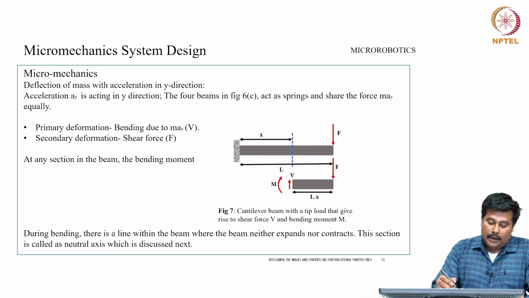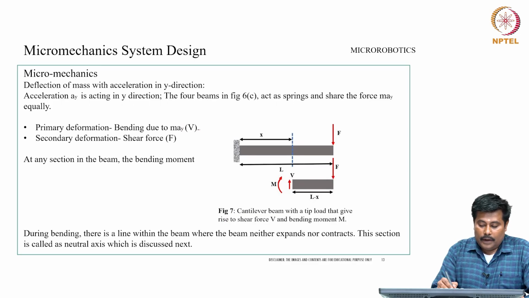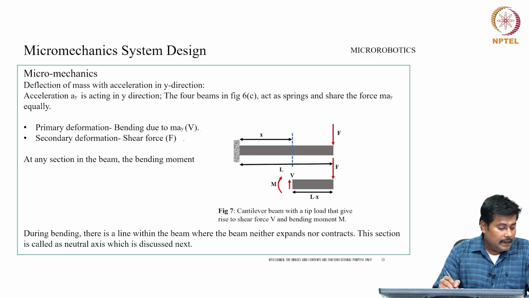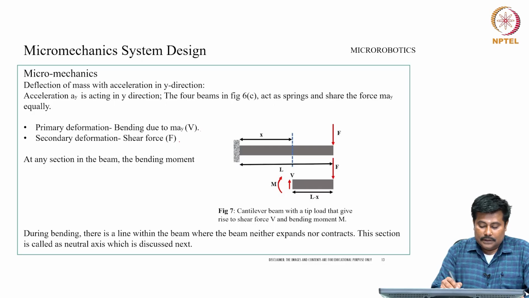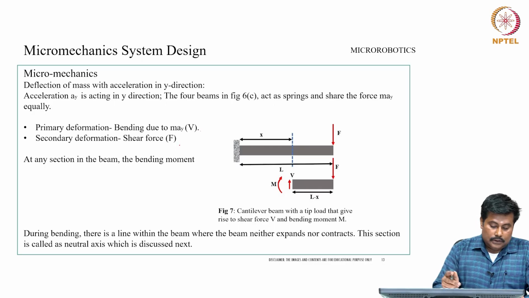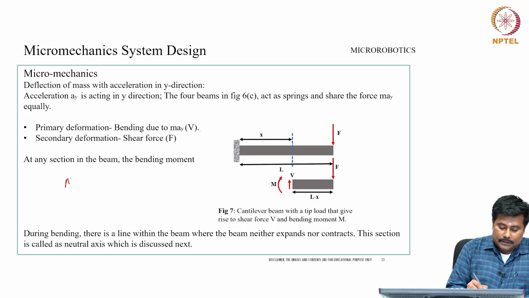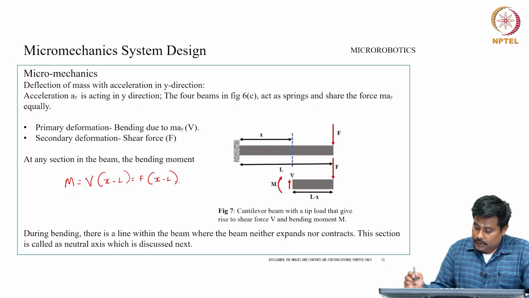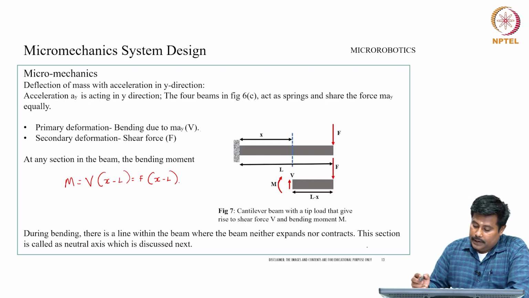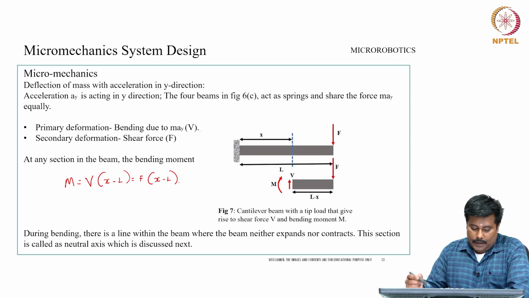Primarily the bending deformation due to may is considered as V, and the secondary deformation, the shear force, is considered as F. At any section of the beam, the bending moment can be considered as M equals V(x minus L), that is equals F(x minus L). In this particular case, we have a cantilever beam with tip T, the shear force V and the bending moment M.